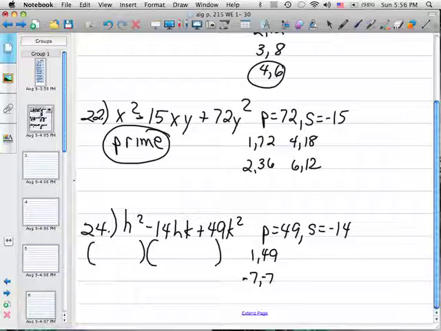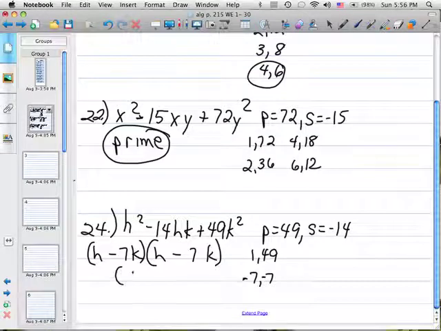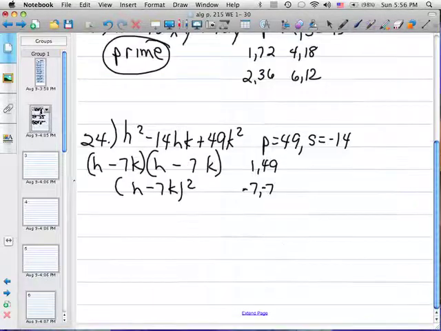So factoring, square root of h squared is h, square root of k squared is k, and it's minus 7 and minus 7. And perhaps you notice this was a perfect square trinomial, which we can shorten as h minus 7k quantity squared. So this method works also with a perfect square trinomial.